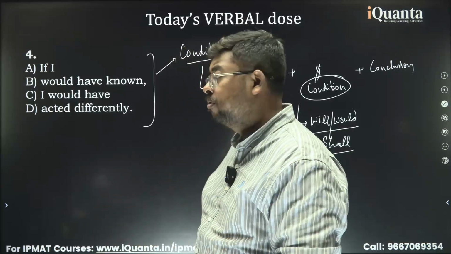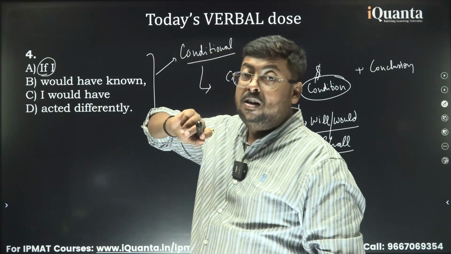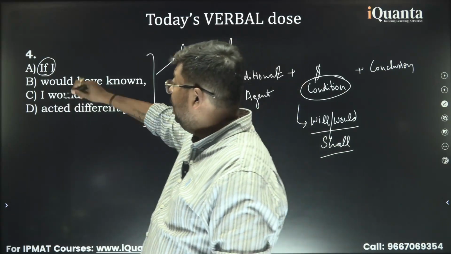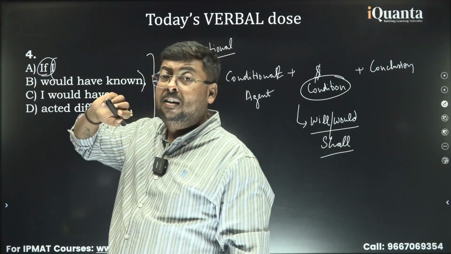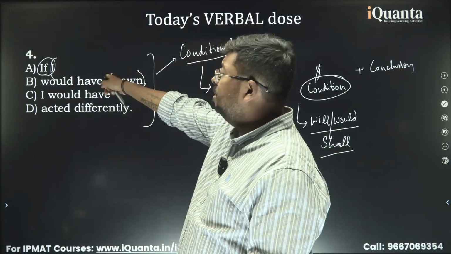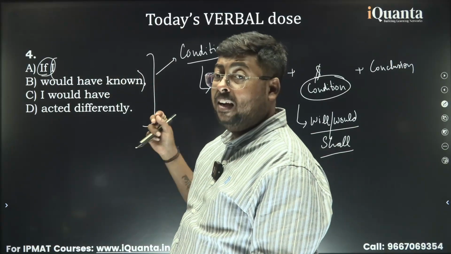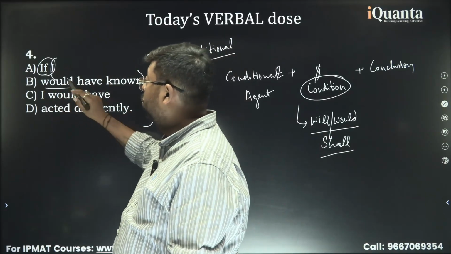Let's come back to this. "If" is my conditional agent, which makes "I would have known" the condition. If this is a condition, what is it that it can never have? It can never have "would."